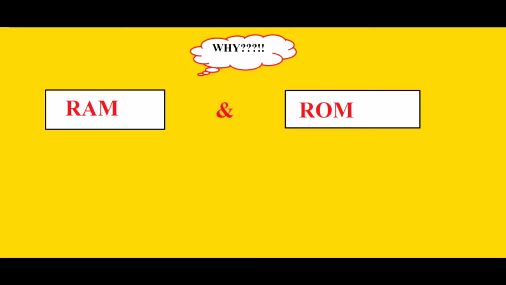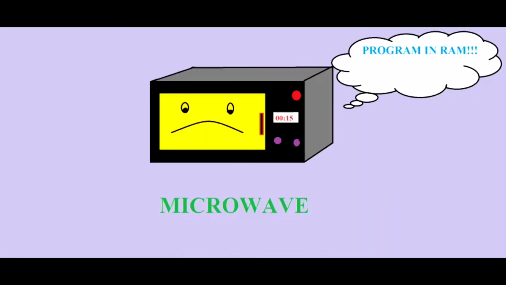Because if your program is stored in RAM, then you can use your microwave only once, if you get it in a running state, and you have to give it power supply every time everywhere, which sounds impossible, because if you power off your microwave, your data will be erased from RAM, and next time when you want to use it again, you have to write and transfer the code again and again.